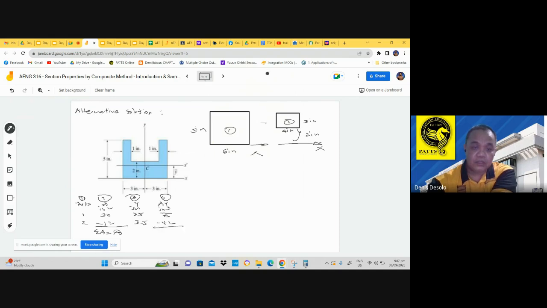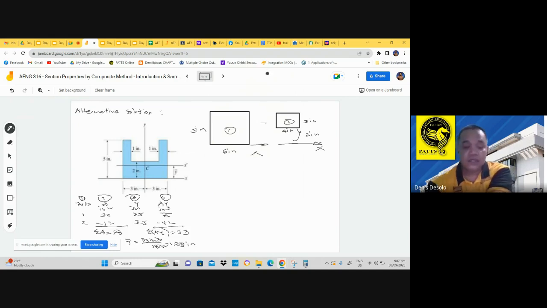We get the total. So 75 minus 42, that is 33. So remember, when you solve for the y bar, we have the same 33 inch cubed over 18 inch squared. We will get 1.83 inches also.